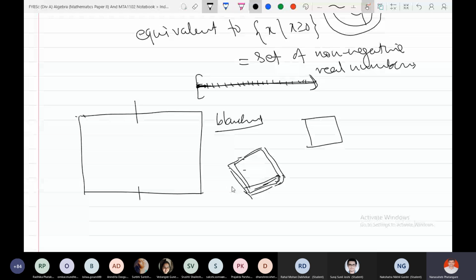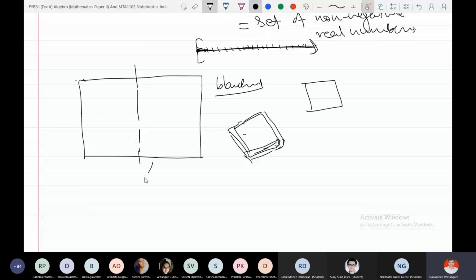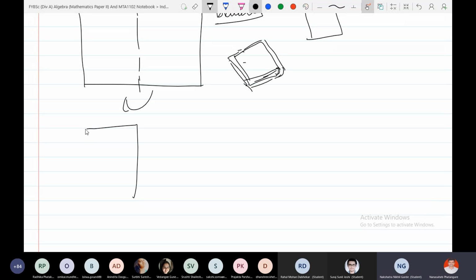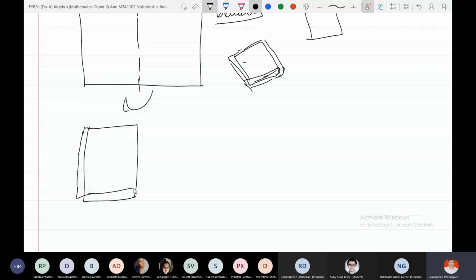So suppose I fold the blanket like this. First fold is this, right? So what will I get? In the first folding, I will get like this. Do you understand what I want to say?